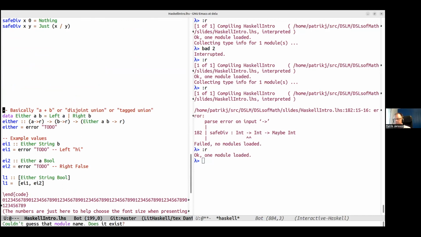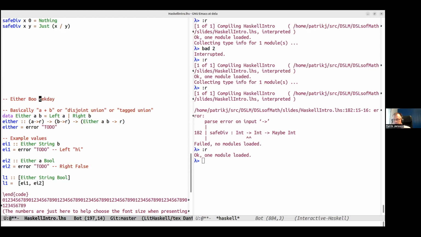And what does it mean? Well, I should have this kind of example again. So the type either weekday bool. Well, let's put it the other order.